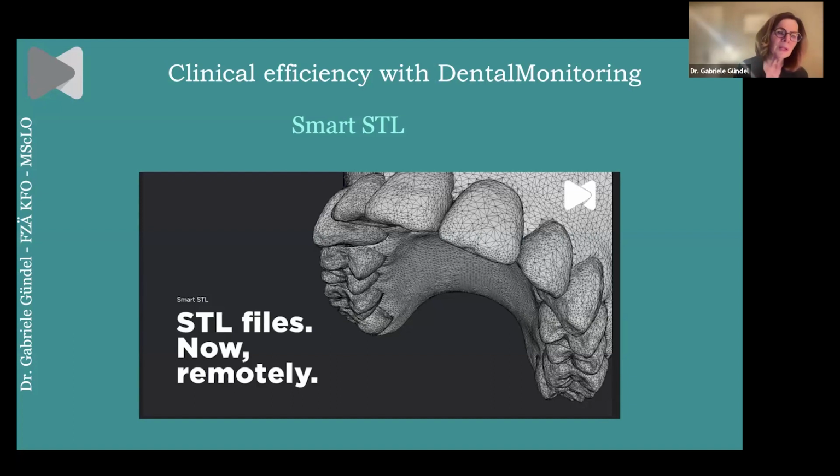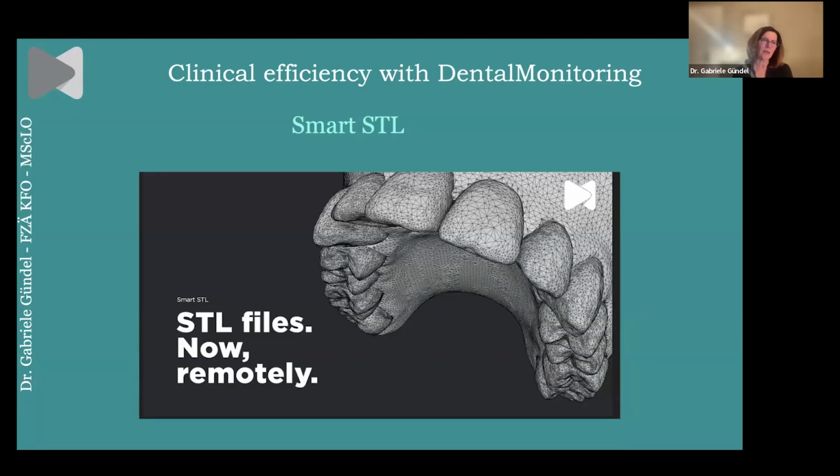I see maybe we need a little refinement. You cannot come into our office, no problem. Do your scan and give it to us, and then we can connect in the Spark Approver the Smart STL from dental monitoring with our Approver, and we can work with this scan easily and properly.